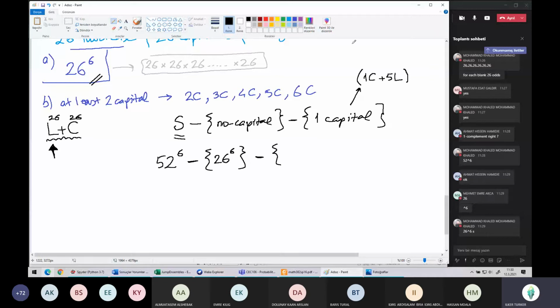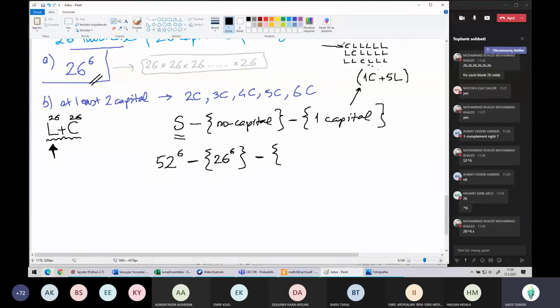For example, capital, lowercase, lowercase, lowercase, lowercase, lowercase. But is this all? No. The first one may be a lowercase, the second one capital, then lowercase, lowercase, lowercase, lowercase. And the capital can be shifted 1 digit right, and so on.